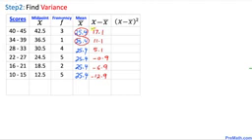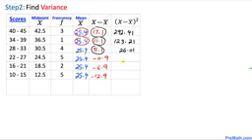And finally, in this next column, we are going to square these values that we figured out in our previous column. If we square these, we are going to get 292.41, 123.21, 26.01, 0.81, 47.61, and finally 166.41.